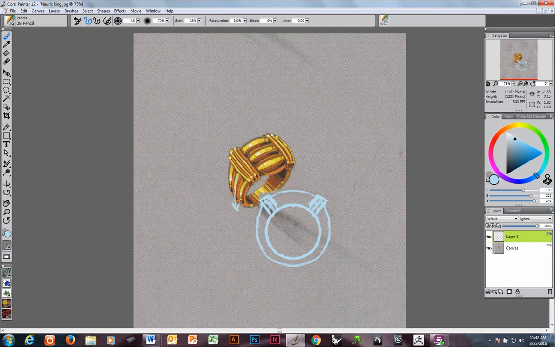Kind of what I have here. I think it'll be nicer if it has a bit of a belly to it. So I will put that belly in.